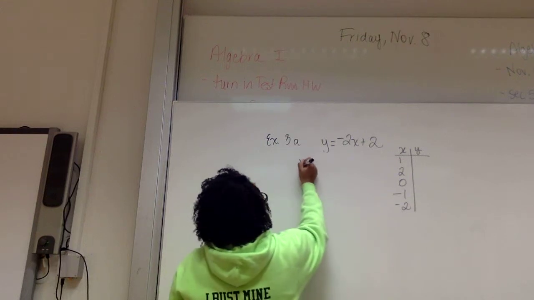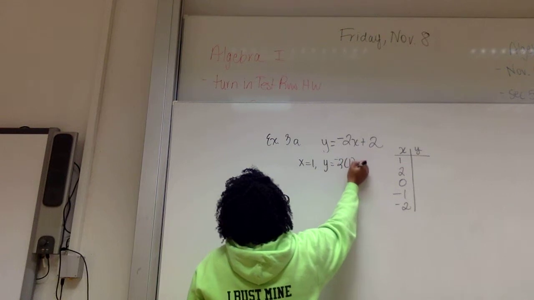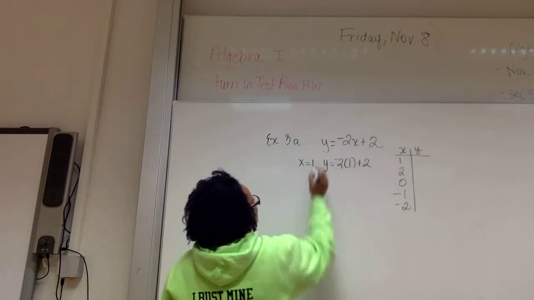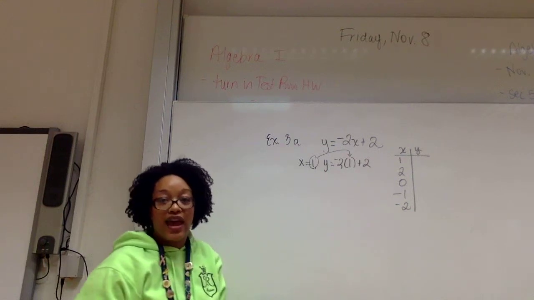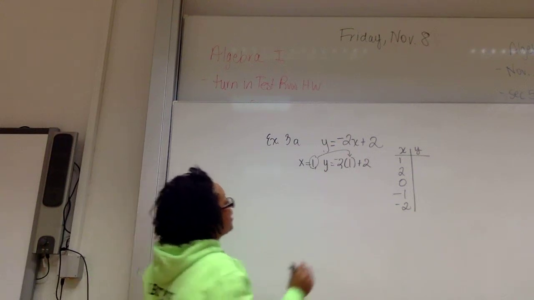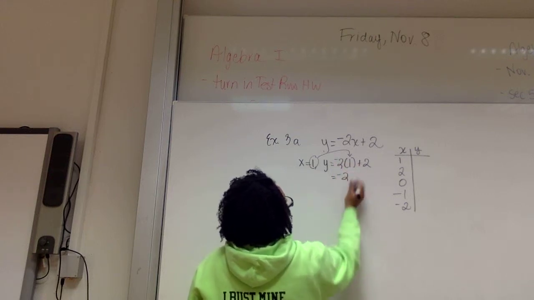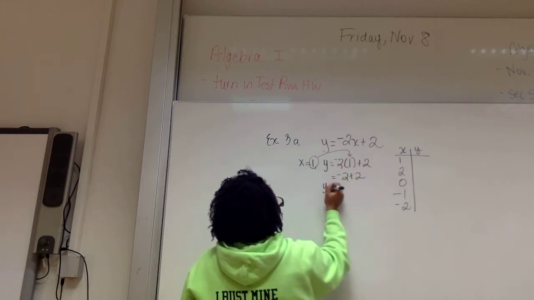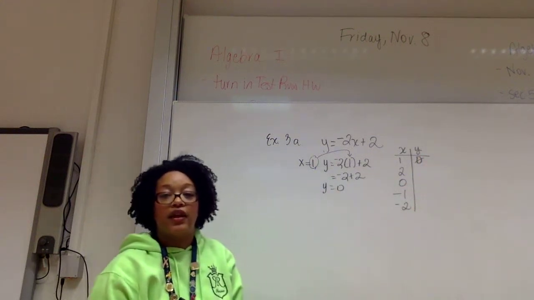When X equals 1, Y equals negative 2 times 1 plus 2. So this 1 right here is where my X was, okay? And then it's just basic math. Negative 2 times 1 is negative 2. You add your 2. Your Y is 0, so you put 0 right there in your column, okay?